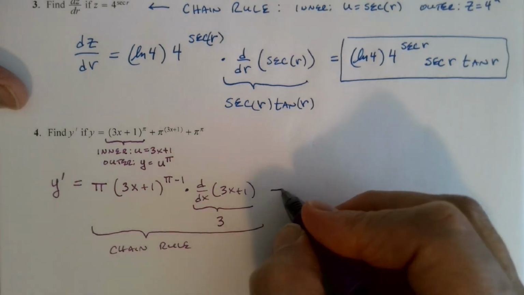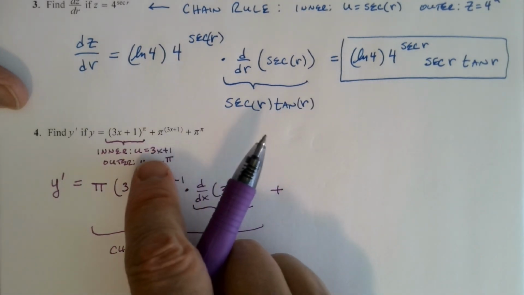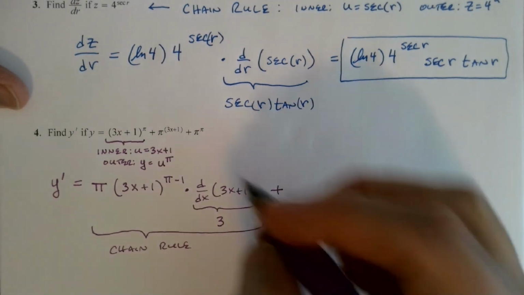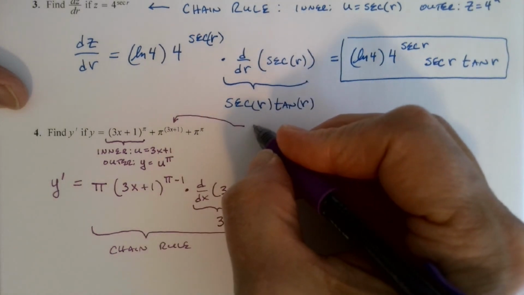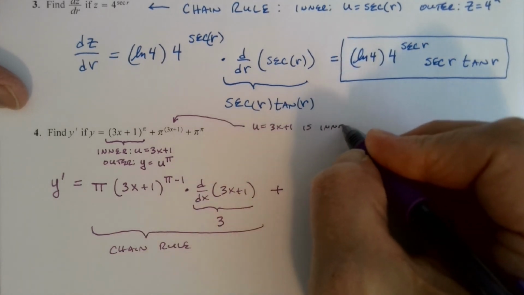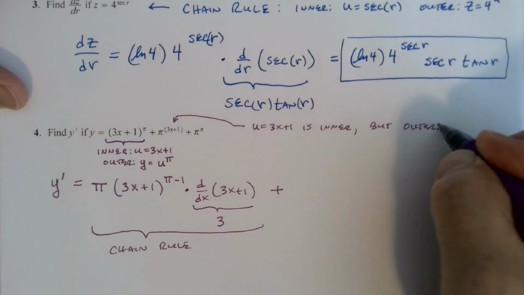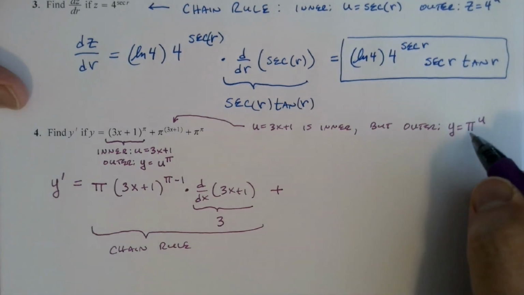Okay. Plus the derivative here. Well, guess what? This is chain rule again, but now the inner function is still 3x plus 1, and the outer function is y equals pi to the u, right? So now, is this a power rule? Do I bring the u down and subtract 1? No. u is the variable part. Pi is now fixed.